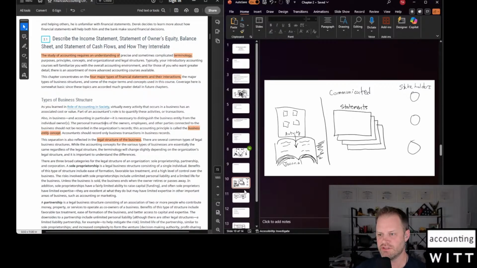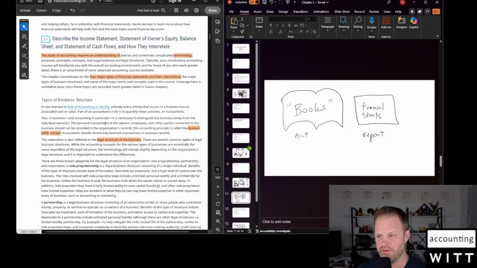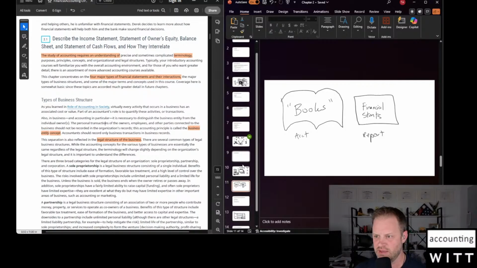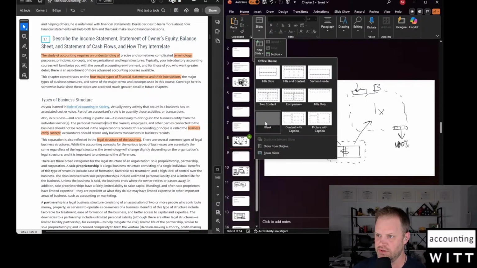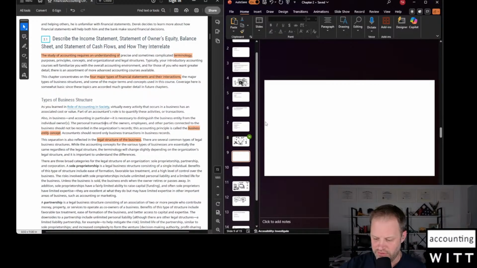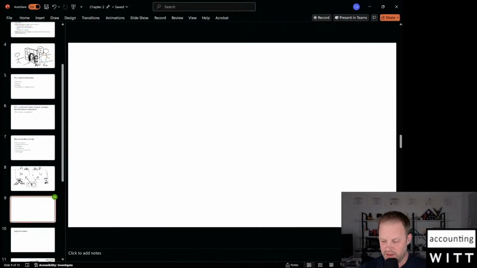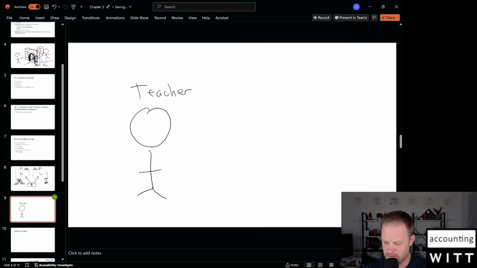Okay, so something just came to my mind of an example. Trying to decide if this makes sense, but let's just go with it. Somebody is a teacher inside of a school.